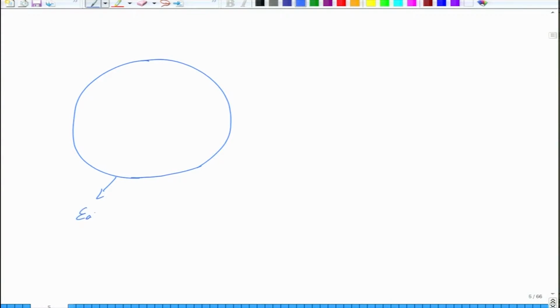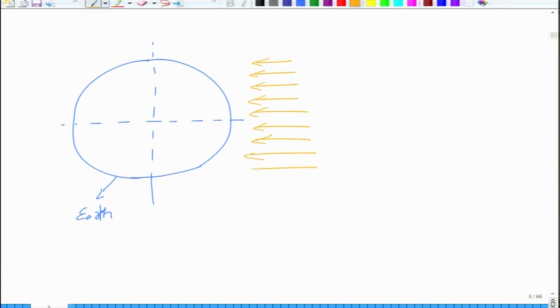So this is Earth, okay, this is the vertical axis, let us say your sunlight is coming from this direction, so this is the sun ray, and this is, let us say, the north, and this would be south, the north-south axis, and this is where we have the equator.